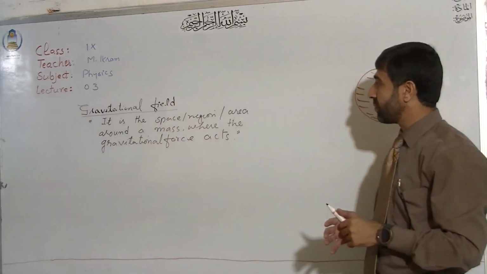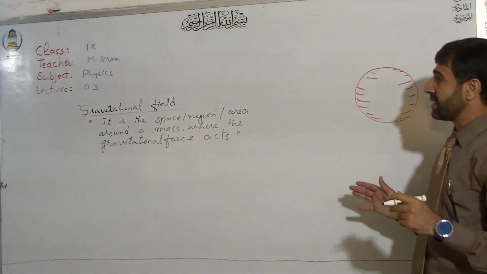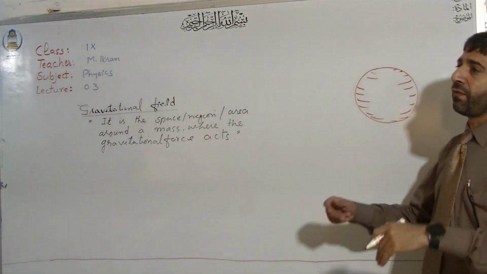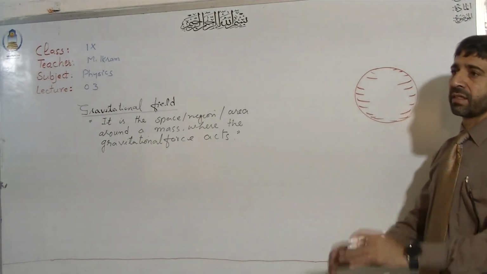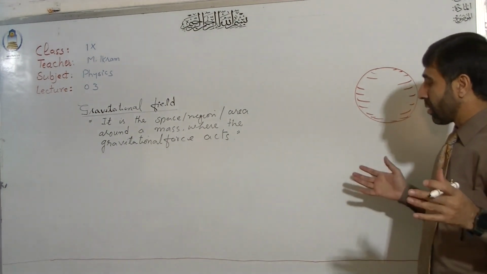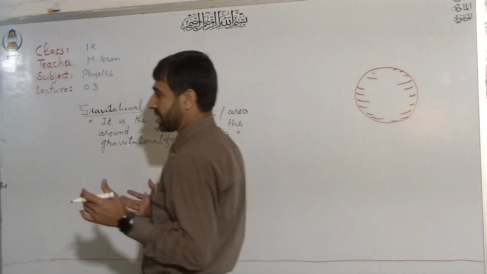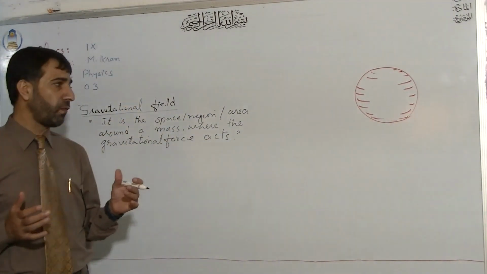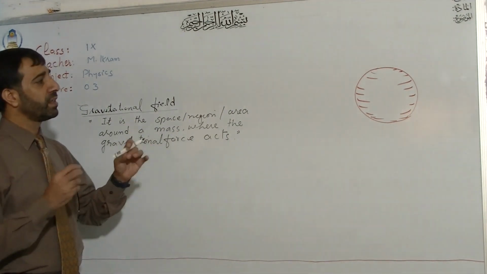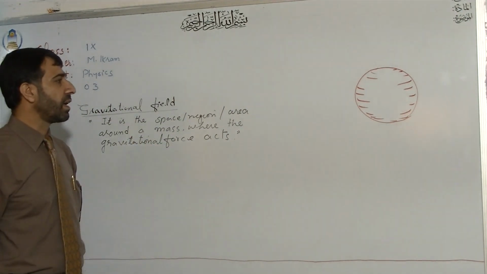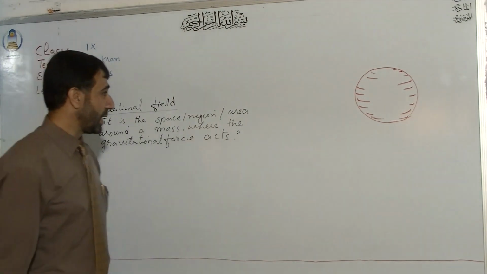Usually, gravity is infinite, it exists everywhere. Whenever two bodies come closer together, they exert gravitational force on each other. It doesn't matter whether they are far or close, there will be gravitational force between them.